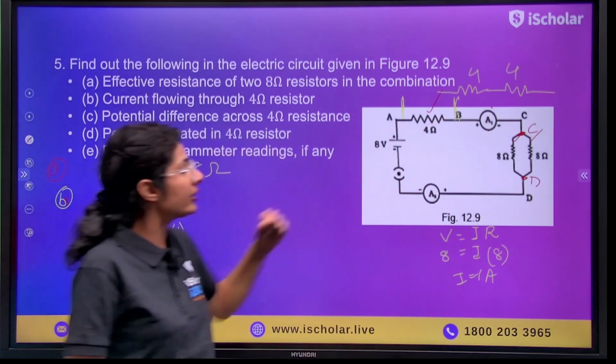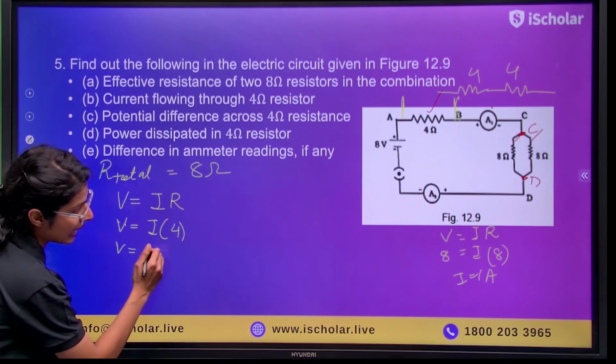So now we got the value of current, so we can write voltage is current, 1, into 4.